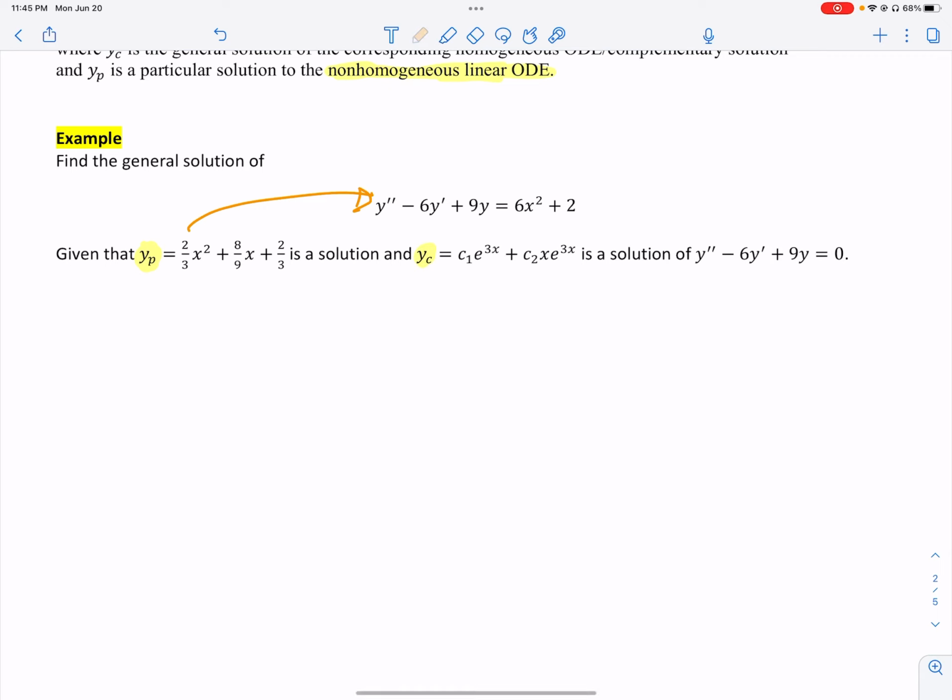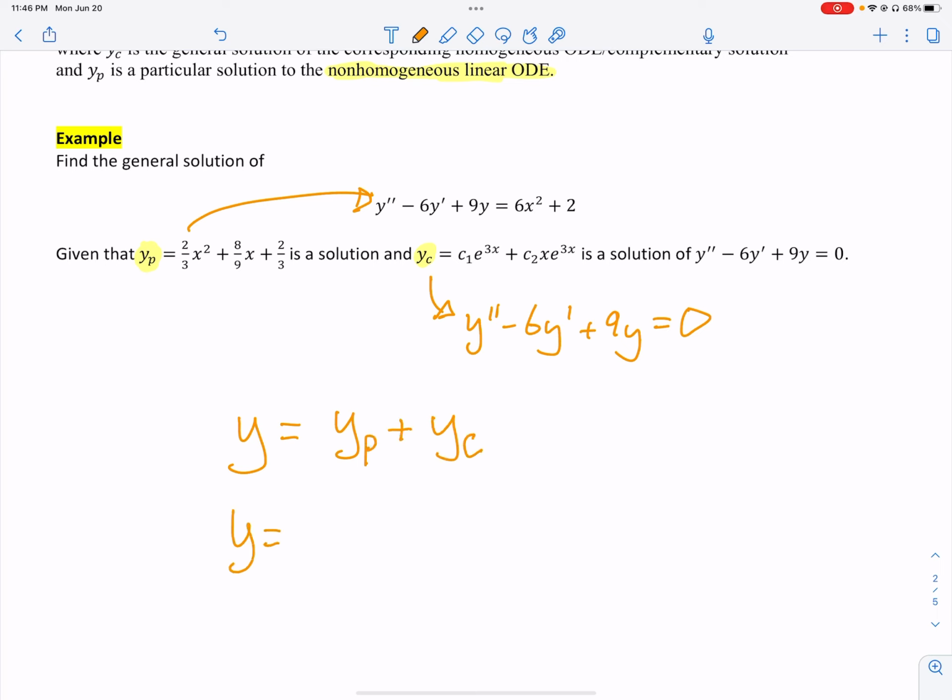This satisfies y double prime minus 6y prime plus 9y equals 0. That's the corresponding homogeneous solution. And the theory above that we didn't discuss, we're just going to accept it as it is, says the general solution to a non-homogeneous linear ODE, and we're going to work our way up to this, is I just take the particular solution and I add it to its corresponding solution.